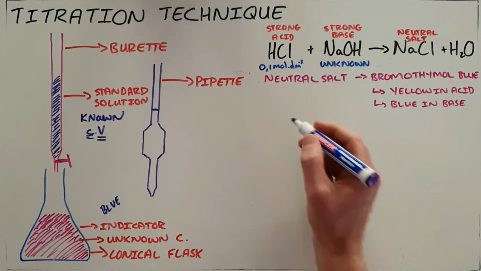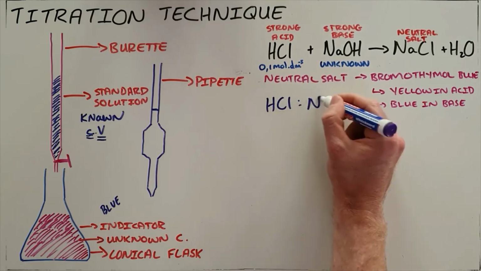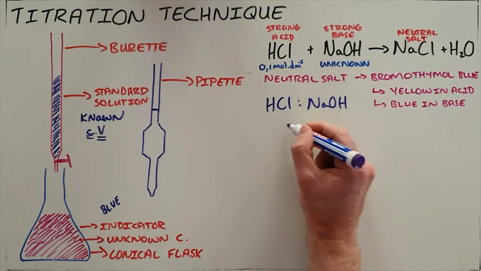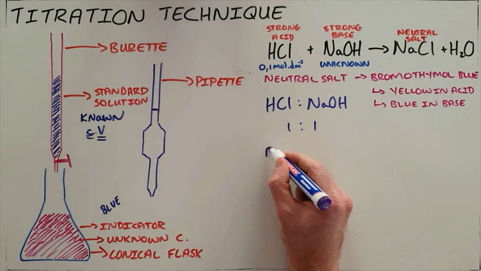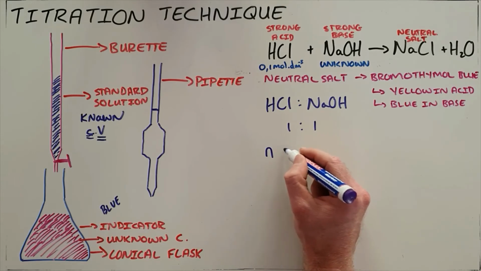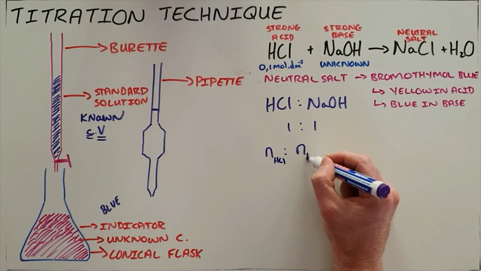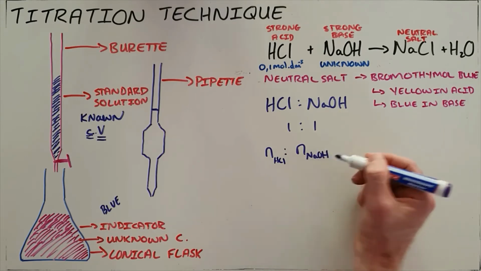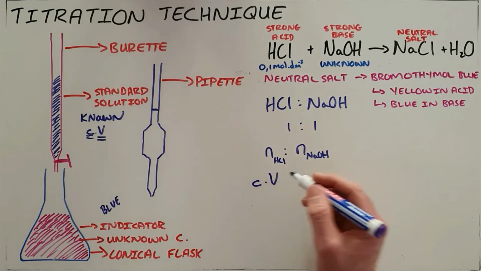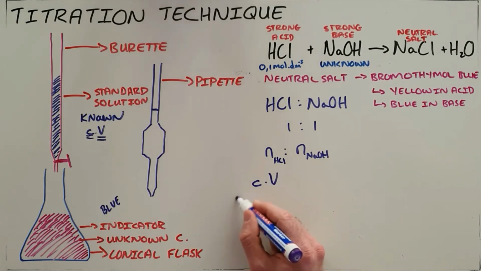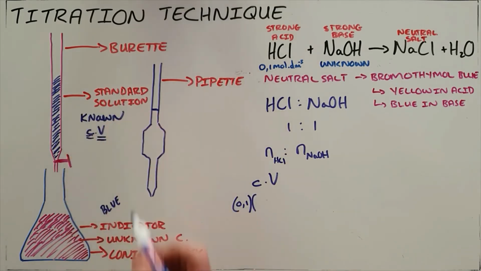Since we know that our ratio of hydrochloric acid to sodium hydroxide is 1:1, what that tells us is that the number of moles of HCl at this equivalence point must be equal to the number of moles of sodium hydroxide at this point. The number of moles of HCl can be determined by multiplying the concentration of our standard solution, 0.1, by the volume that we have determined from the burette.